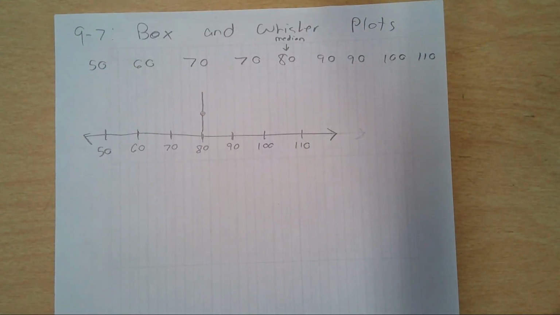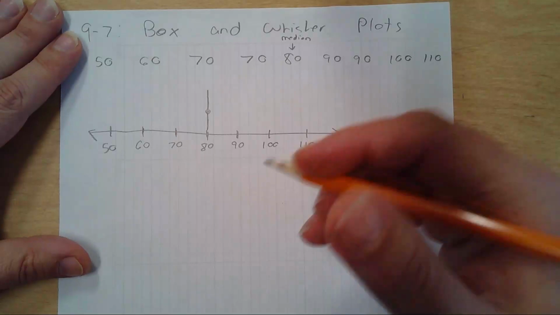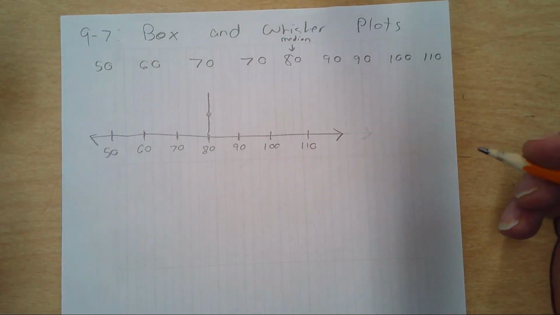So the next thing we're going to do is figure out our quartiles, and there are 2 of them here. Sometimes they're called the first and third quartiles. The book uses the terms lower and upper quartiles. We know where the median is here, and in a sense, we're going to be finding the median again.